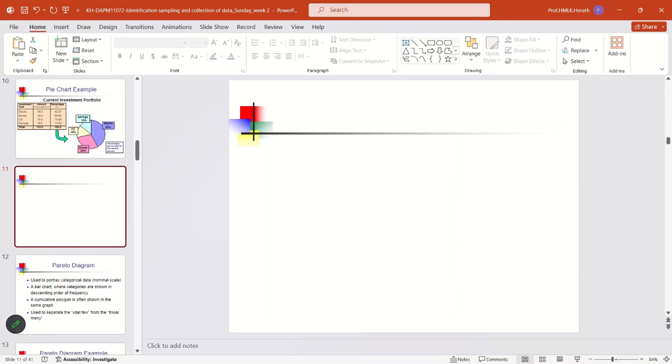One term is frequency of data. What does it mean by frequency of data? Say we have a variable x, which is the weight of chicken.